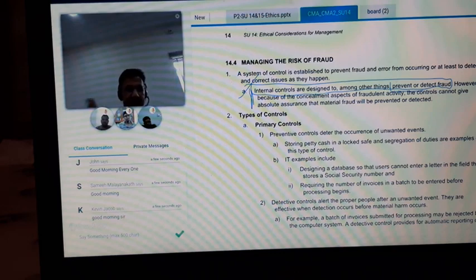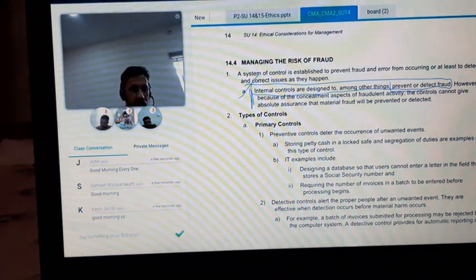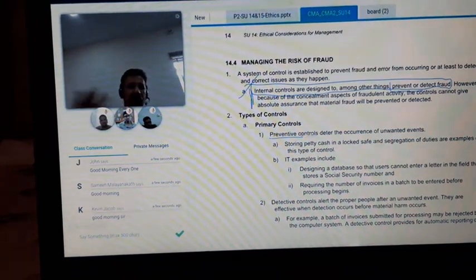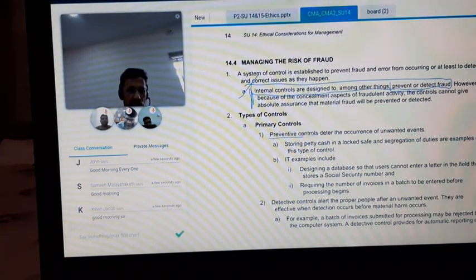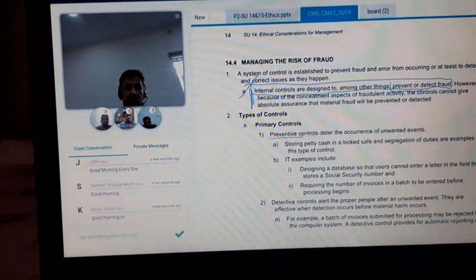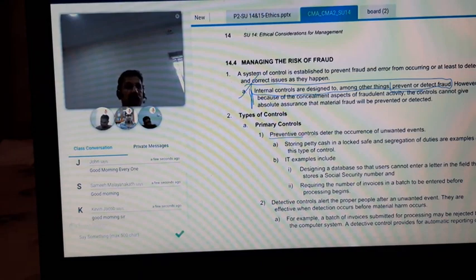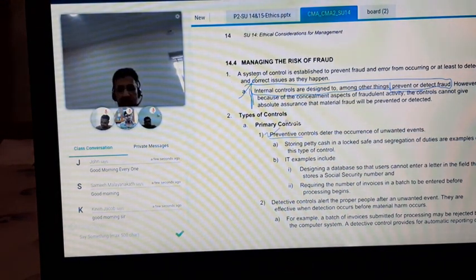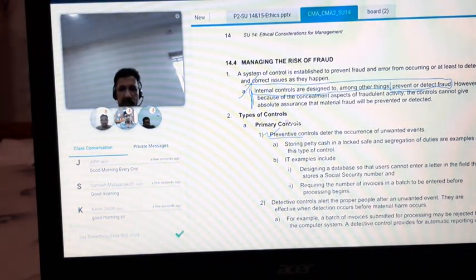Input validations are a good example of preventive controls. And there are many process controls which should prevent an error or a fraud before it happens. When you get the error prevented before it happens, you are deterring the occurrence of that unwanted outcome. So those are preventive controls. You understand the examples, everything you can give, right?